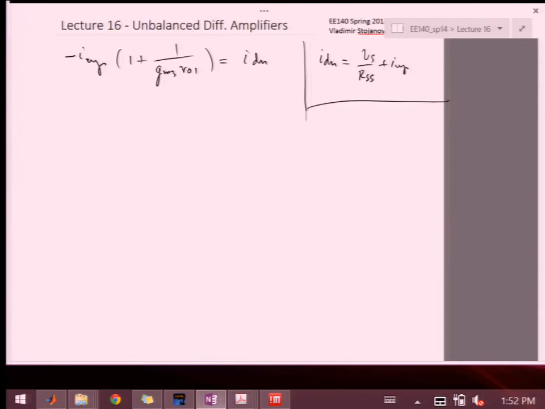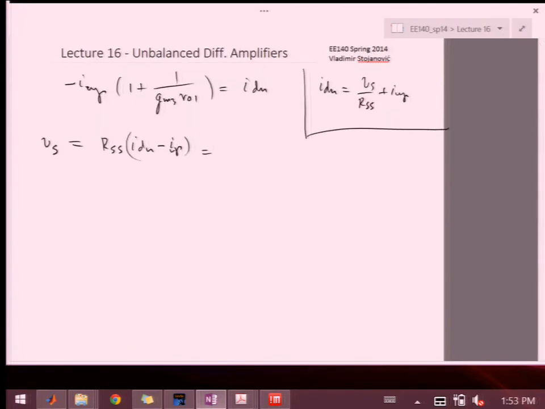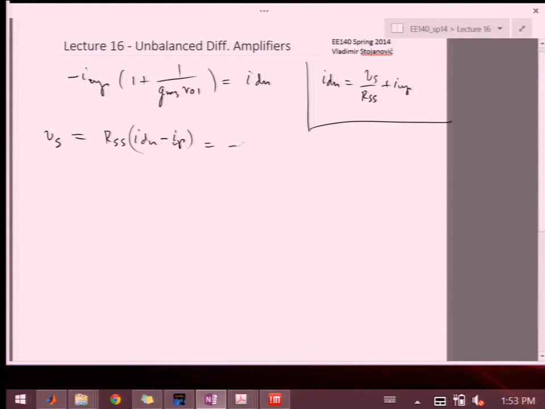So from this one, we get that VS equals RSS times I down minus I up. Right. And then, of course, we know what the relationship of I up and I down is. So we'll say that this is minus RSS 1 plus 1 plus 1 over GM3 RO1, and that times I up.